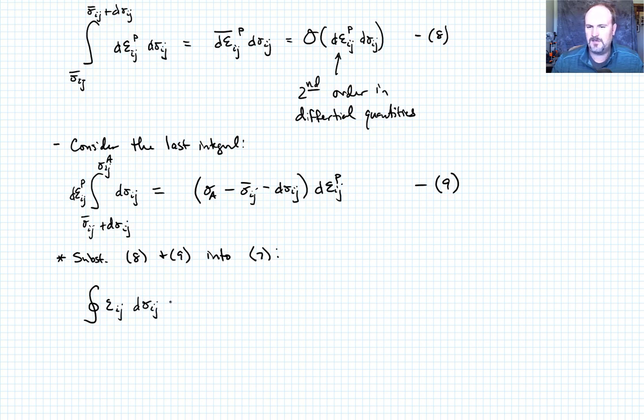That was the first case, and it is going to be equal to sigma a minus sigma ij bar times d epsilon ij p, and I'm writing it this way deliberately, minus d sigma ij d epsilon ij p, and then plus something of the order of d epsilon ij p d sigma ij.